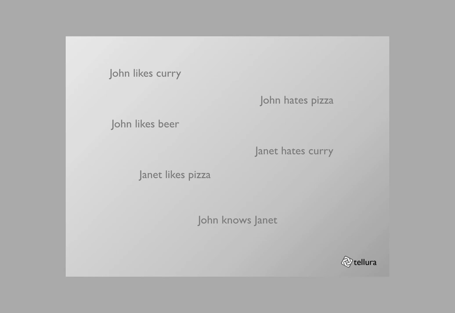Looking again at our collection of sentences, something that jumps out to us is that there's a lot of similarity between these sentences, and maybe we can explore that similarity. There are a lot that feature John, a lot that feature Janet, and there are others that feature curry and likes and hates and so on.